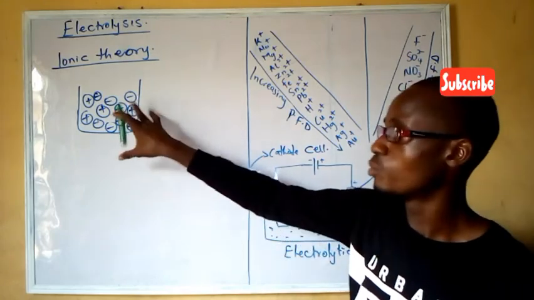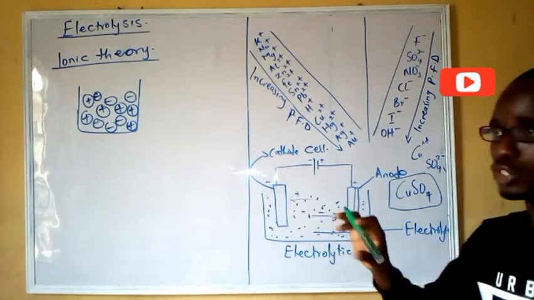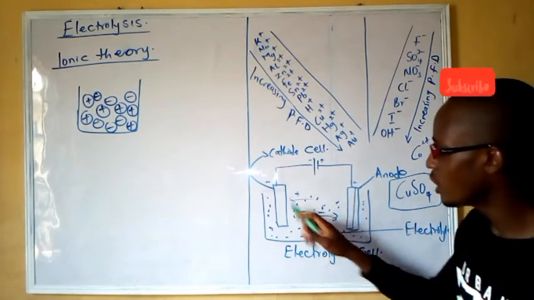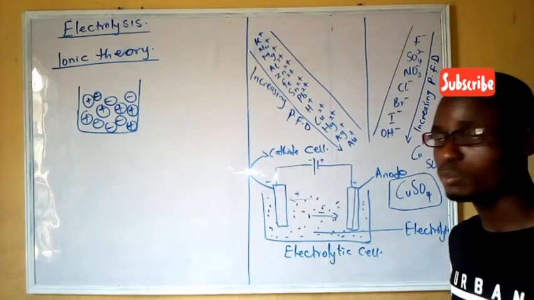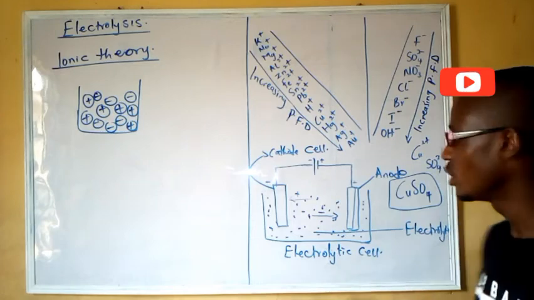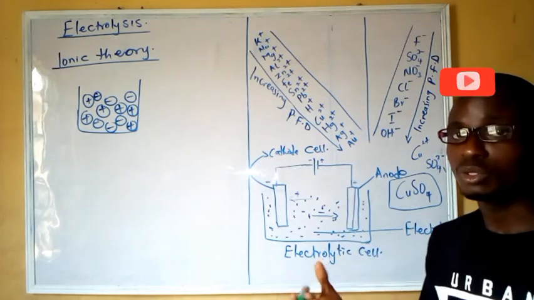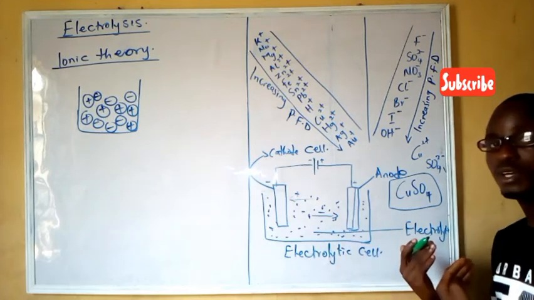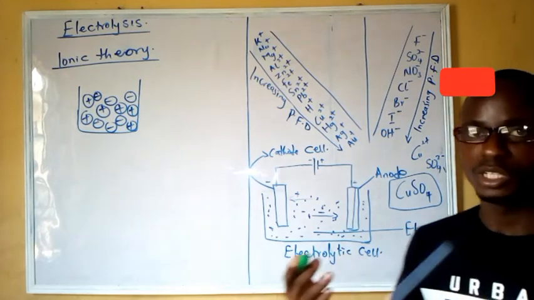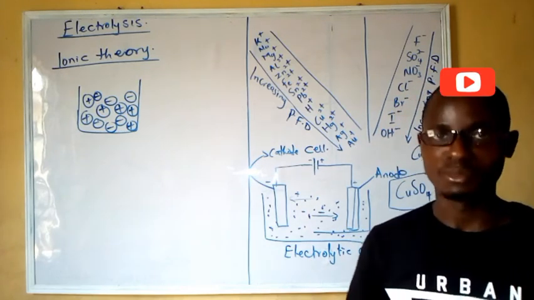They lose their free movement here and begin to migrate to their respective positions due to their property of charge. The property of charge of the positive ions makes them migrate to the cathode, the negative electrode. Then the property of the negative ions makes them migrate to the positive electrode, which is the anode. So when they get to the anode and the cathode, what happens?